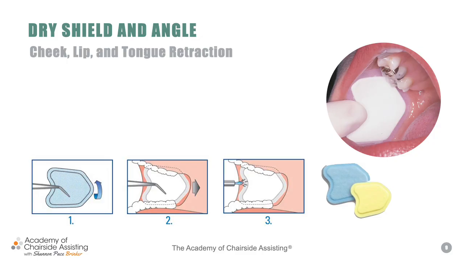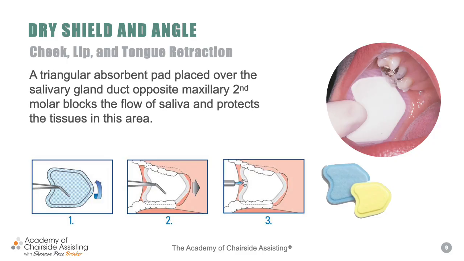Now, when we place that, one of the things we always want to make sure you understand is that the absorbent pad is going to be placed right over the salivary gland, right over the gland duct on the opposite maxillary second molar area.